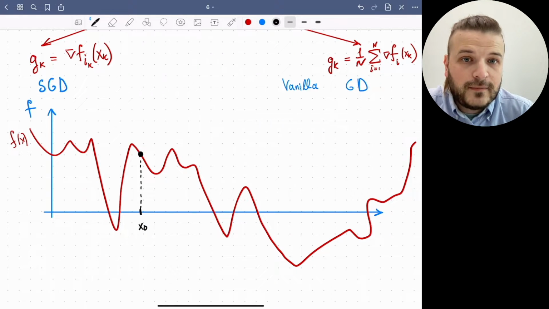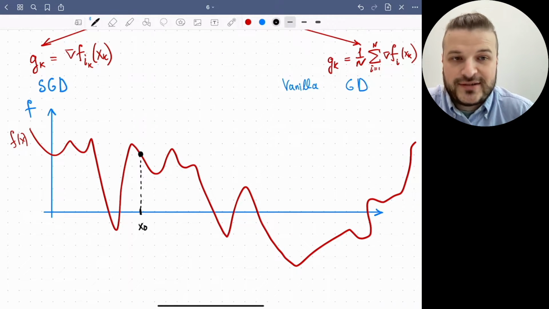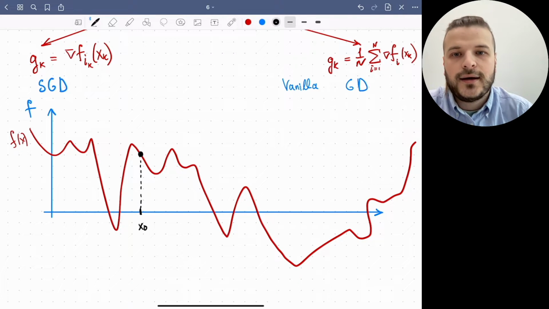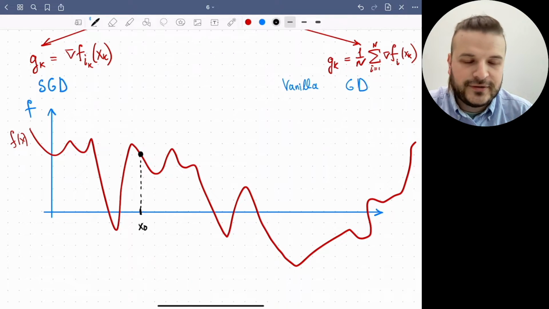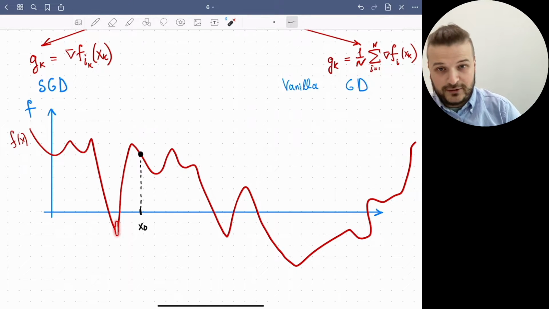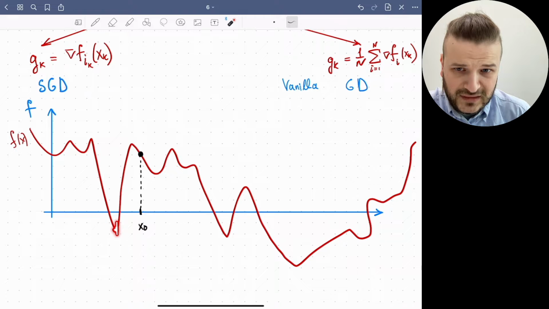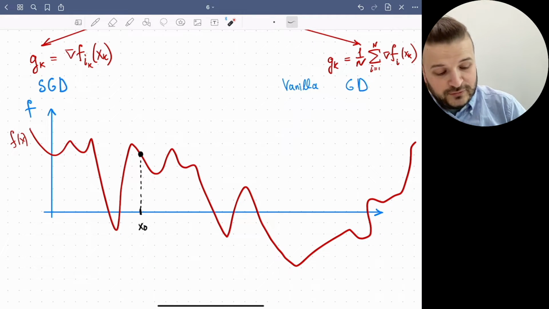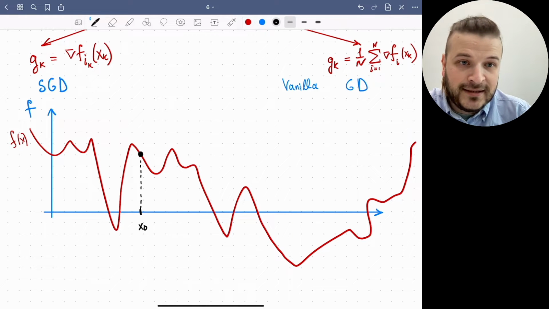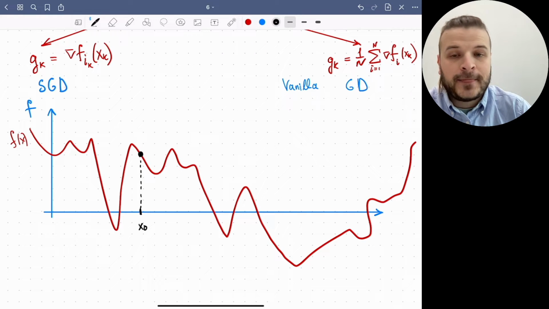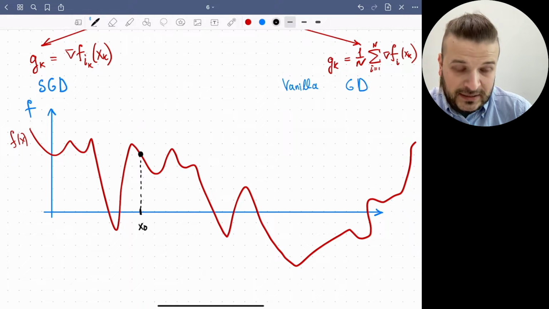If you use vanilla gradient descent here, you'll for sure, with the correct step size, go to the nearest stationary point, which will be a minimum. Not necessarily the nearest, but this minimum could be closer to the original point than, for example, that minimum.